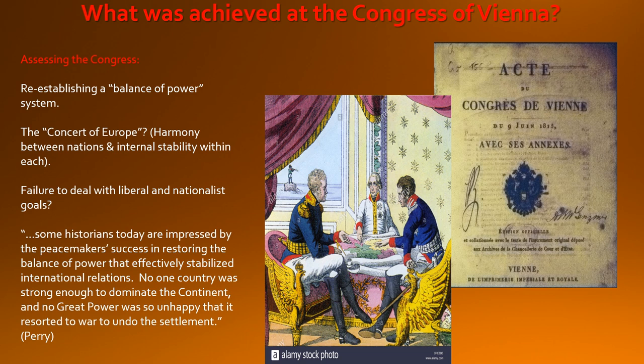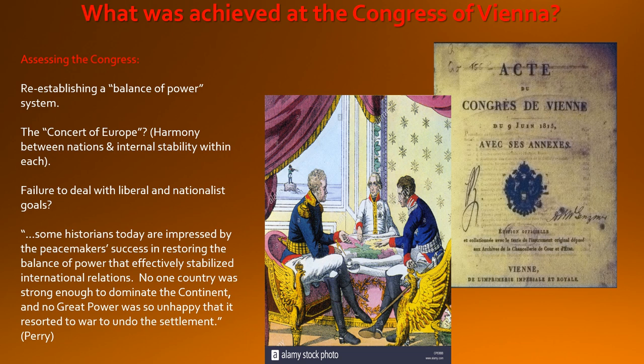Our own lovable Professor Perry says that some historians today are impressed by the peacemakers' success in restoring the balance of power that effectively stabilized international relations. No one country was strong enough to dominate the continent, and no great power was so unhappy that it resorted to war to undo the settlement.